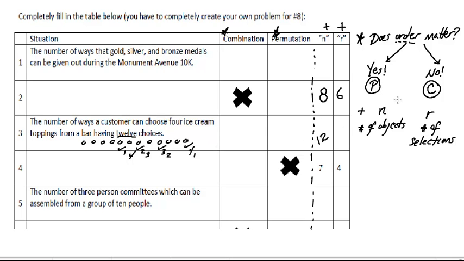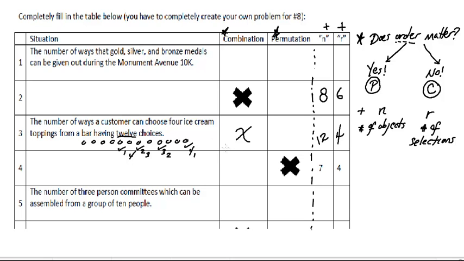So since the order does not matter, we're looking at a combination. Sorry, I almost messed that one up. Now, something I forgot to do: we obviously made 4 selections, so the 4 goes in here. And we're done. We have everything filled out that we need for this problem.